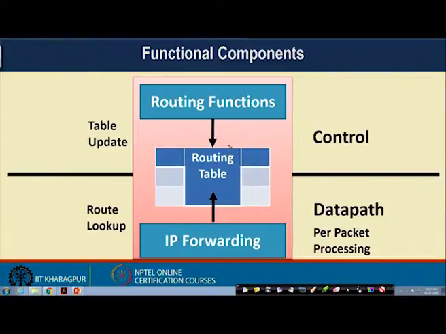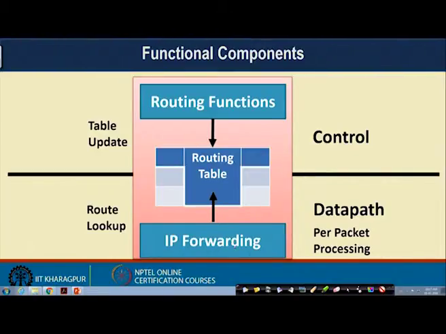It may be OSPF or RIP, routing information protocol or open shortest path first, which are kind of distance vector and link state routing protocols. Along with these, you can also have border gateway protocol. These routing protocols execute periodically and construct the routing table.